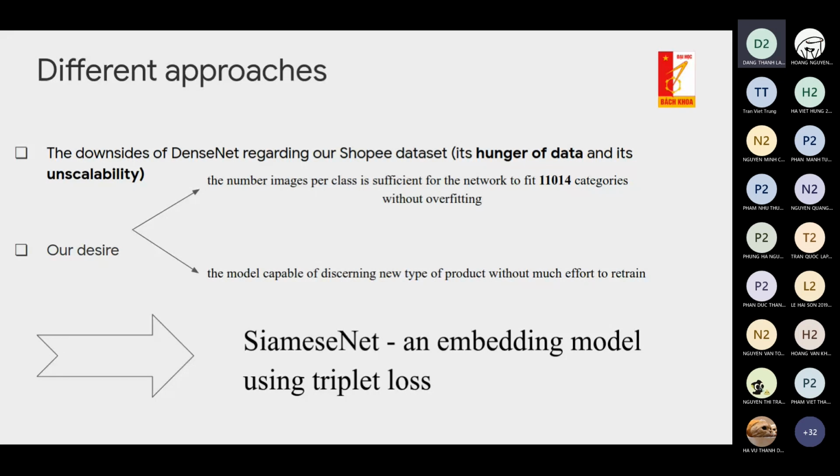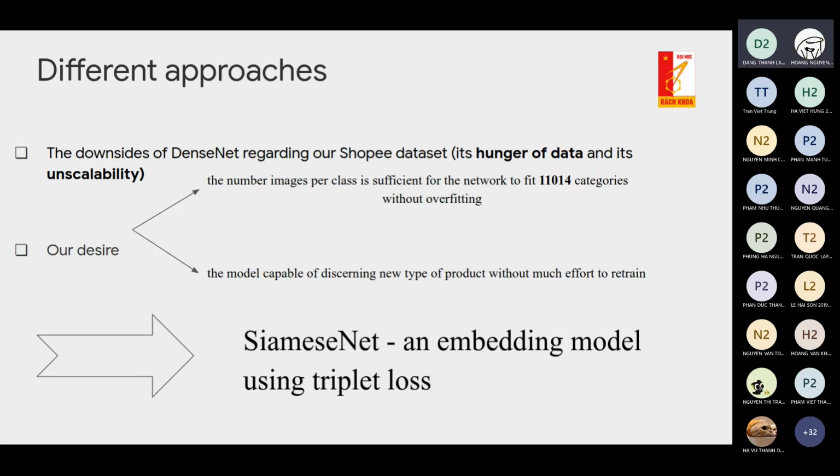As Nhật has presented to you about the DenseNet, this is a traditional approach of a model for classification problem. So the downside of this approach regarding our SOP dataset is hunger of data, and it cannot scale, which means unscalability.